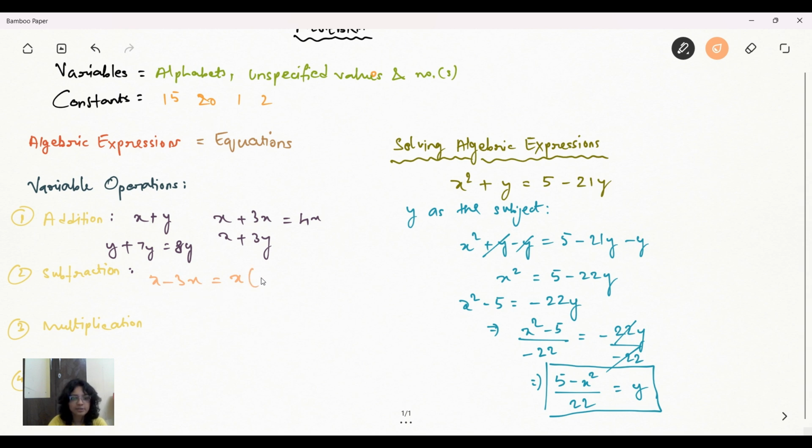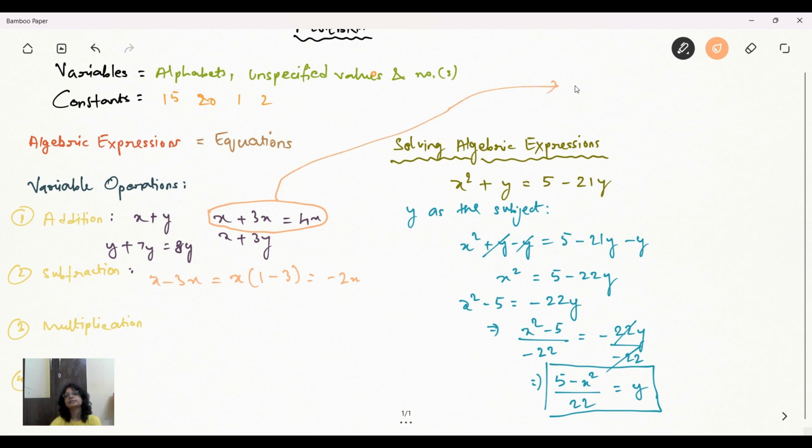Then it becomes 1 minus 3. So 1 minus 3 is what? It is negative of 2. So we write it as negative of 2x. Now, if you have to simplify this one, this also follows the same method itself. So I'm writing it here.